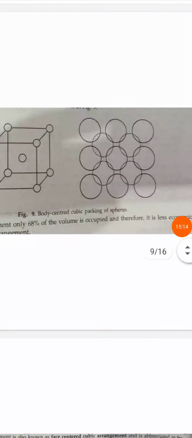The spheres in the second layer, which are shown by the dotted spheres, are placed at the top of the hollows in the first layer. It is clear from the figure that these spheres in the second layer are in contact with four spheres of the first layer. And in the third layer, the spheres are placed exactly above the first layer.